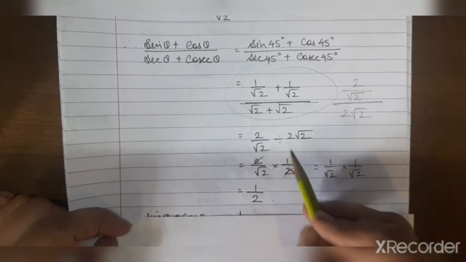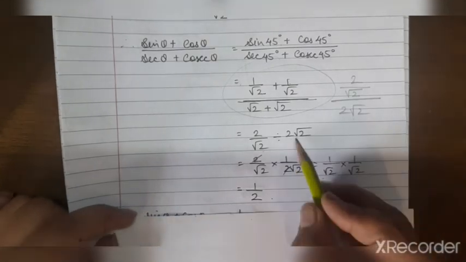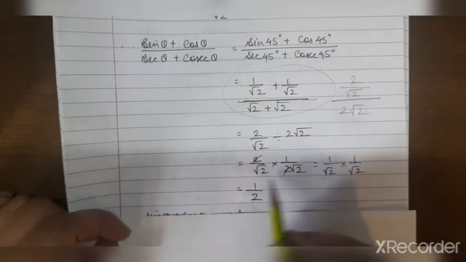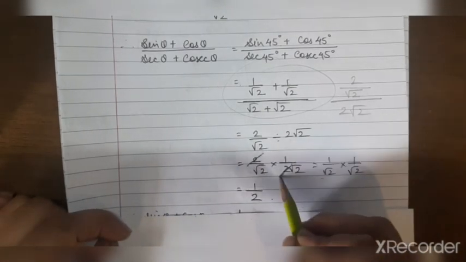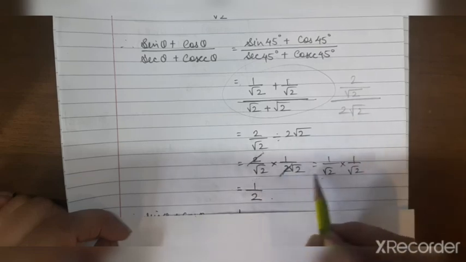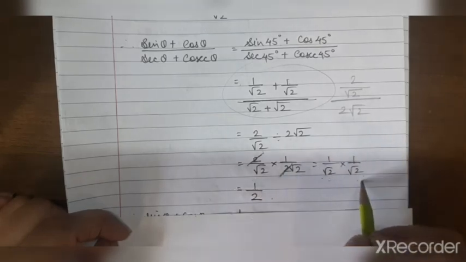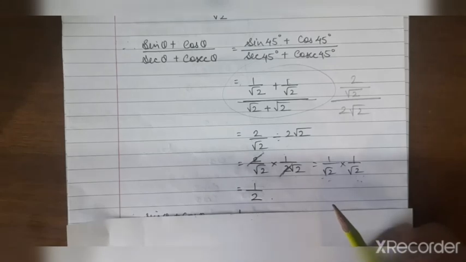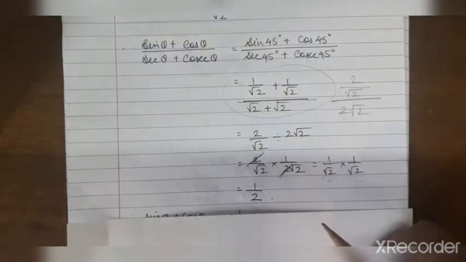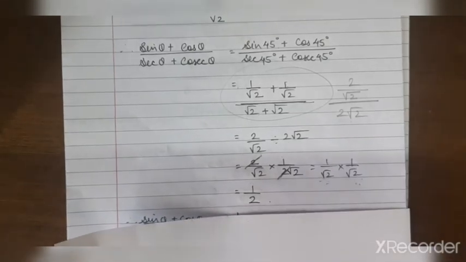This division I have converted to multiplication, where 2 root 2 becomes 1 upon 2 root 2. And just now I explained how you cancel the 2s. So left is 1 upon root 2 into root 2. Root 2 into root 2 is 2. Any two equal roots, that is root 3 into root 3 is 3, root 5 into root 5 is 5. So this is the answer.